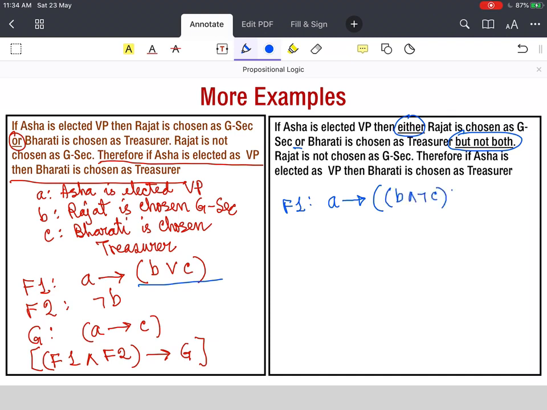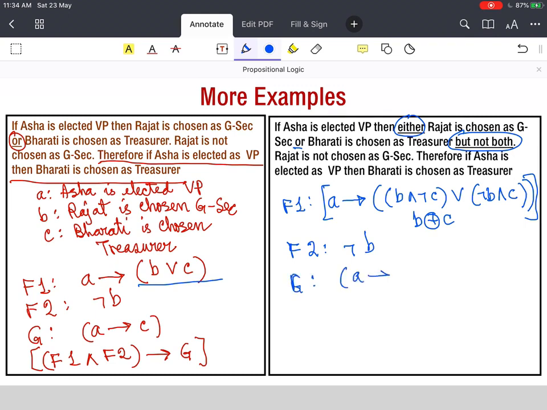So either it will be B and not C, or not B and C. So this is the formula. This is B exclusive or C.